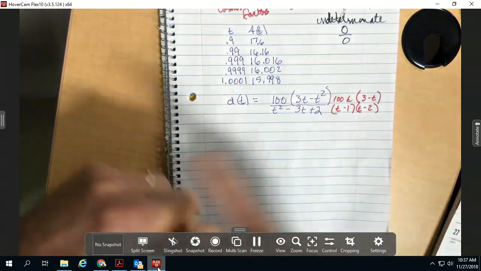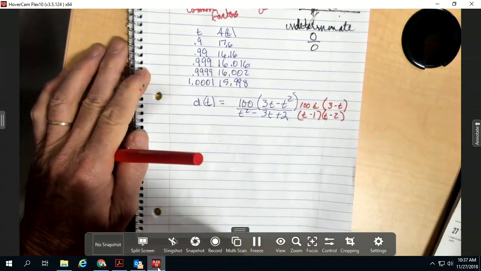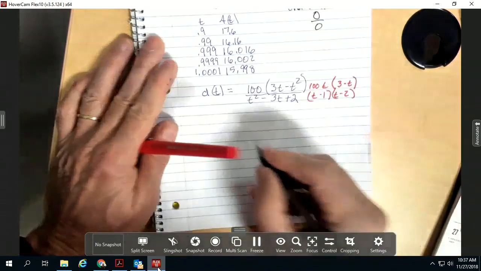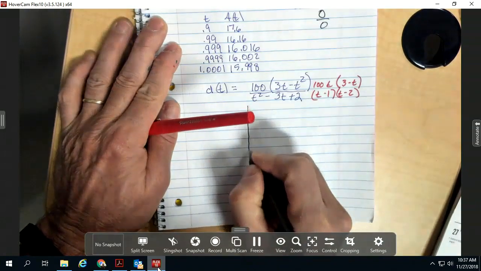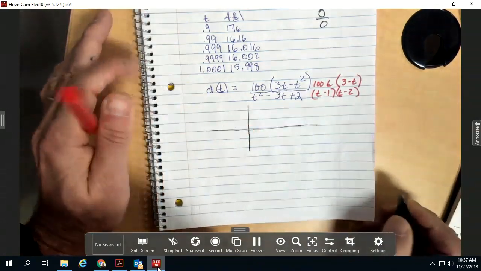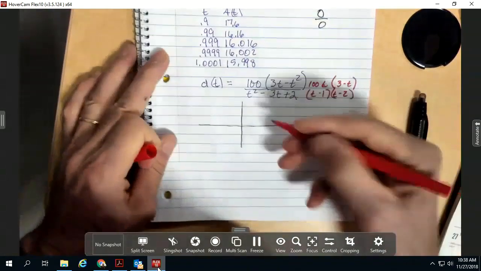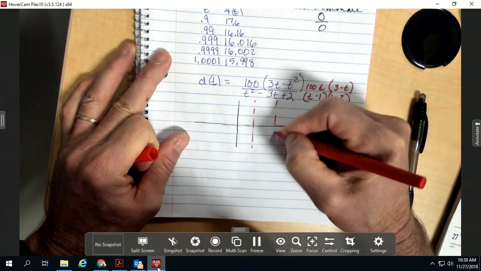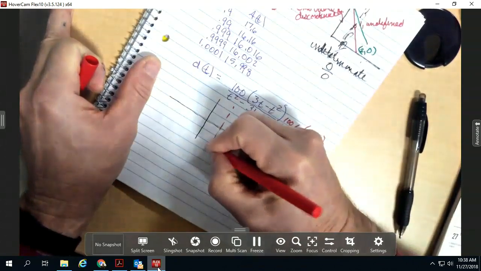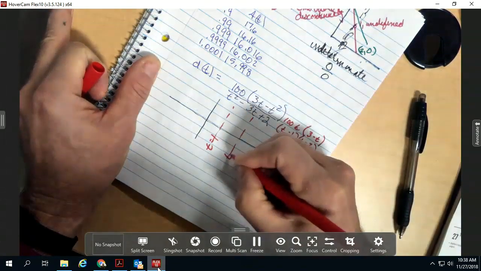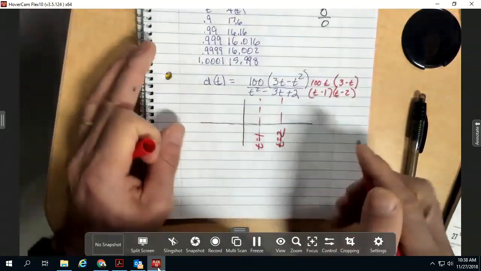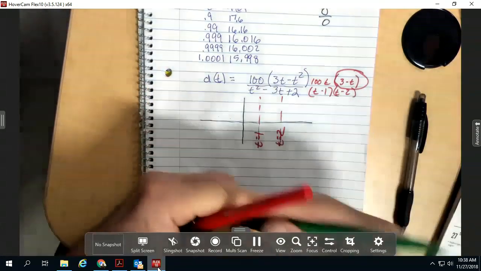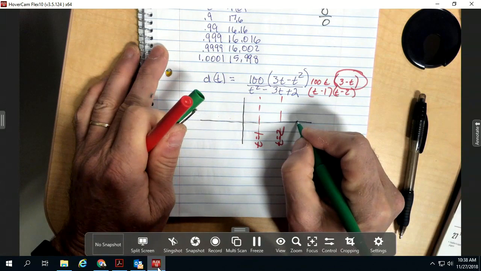So, since I already looked at that graph and I saw what the graph was, I'm just going to draw my asymptotes here at 1 and at 2. And I'm going to write t equals 1, t equals 2. And then I'm going to put in my 0 for the numerator at 3.